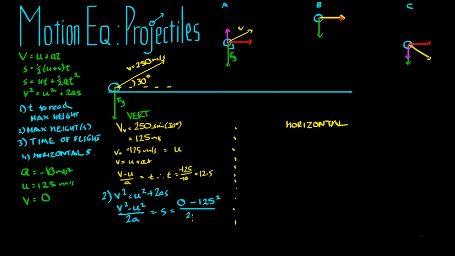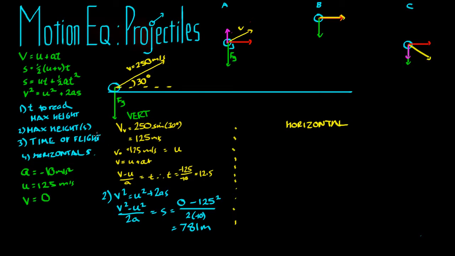And 2A is 2 times negative 10. And in the calculator this comes out to 781 meters. So that indicates that the cannonball is able to rise up to a height of 781 meters from the height at which it was launched.